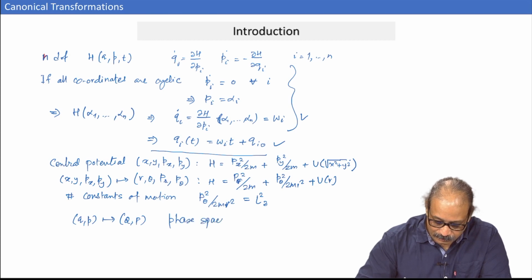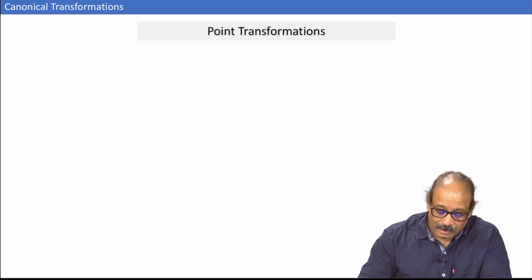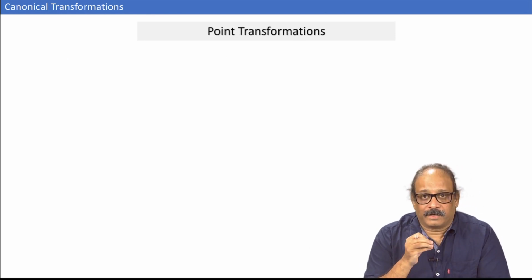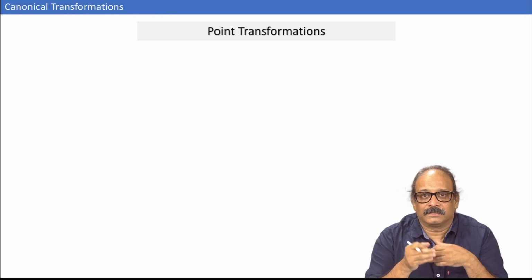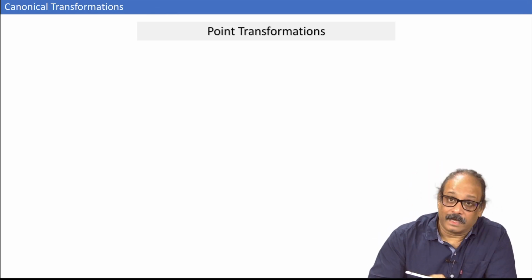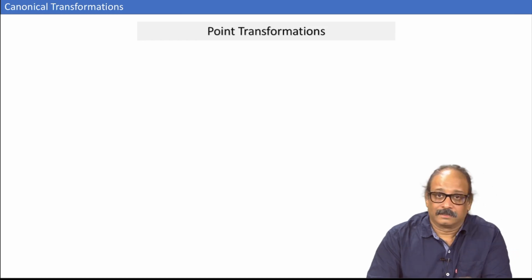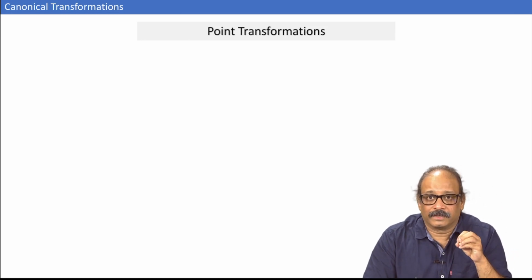The notion of transformations we have been already using in the Lagrangian formulation. Remember, we in fact made that a big advantage of the Lagrangian formulation, that in the Lagrangian formulation you can keep on changing the set of generalized coordinates, and what happens when you do that? So, in the Lagrangian formulation, you start with something built on top of the configuration space.